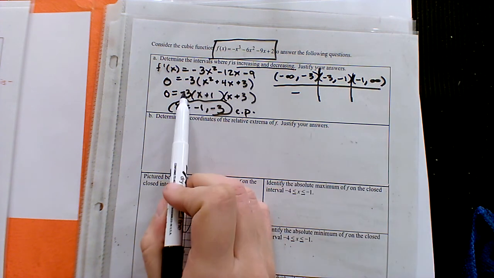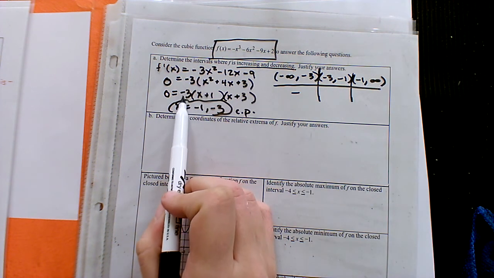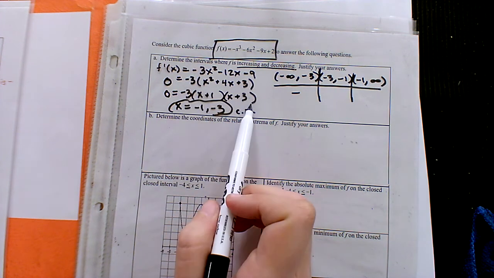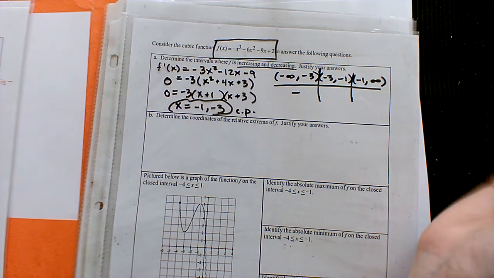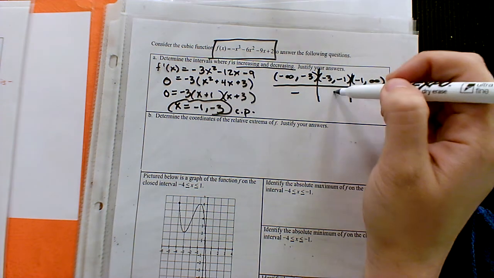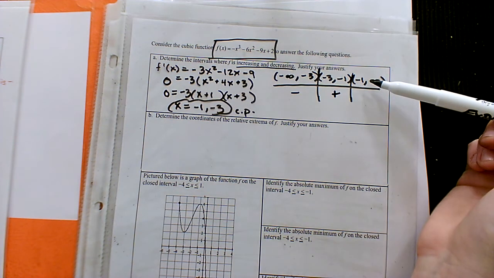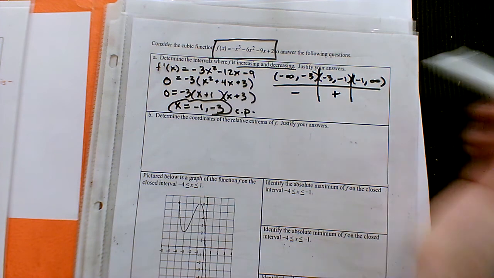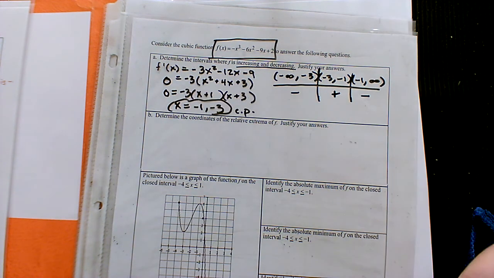We'll do negative 2. So this would be negative, negative 3 times negative 1 times positive 1. Negative times positive. Positive, right? And then we'll do 0 for the last one. Negative 3 times 1 times 3. Negative.